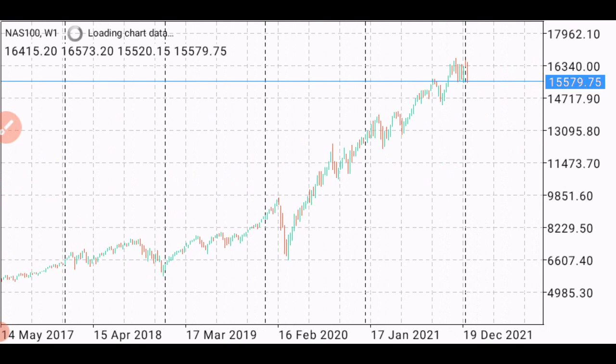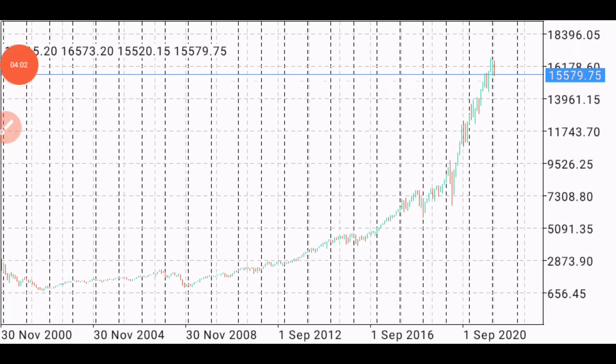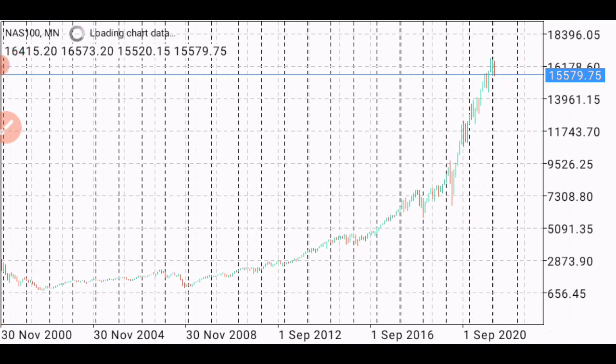Almost 20 years of price action in front of me. And in the monthly chart, I can see how the reaction has been from 2000 to this present moment. So the importance of it is that you get the whole picture of how the market moves, how the market behaves, and you're able to predict a long-term market movement.